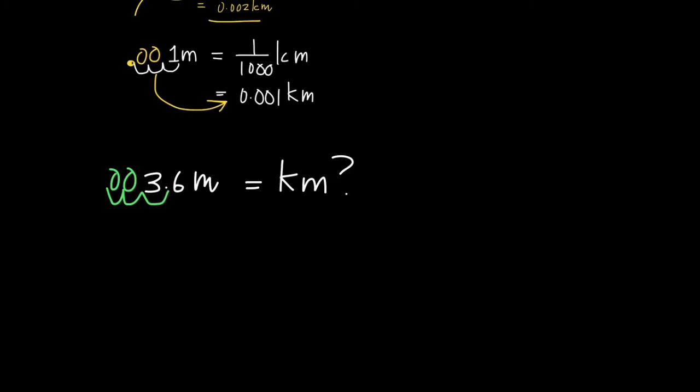So 3.6 meters is equal to 0.0036 of a kilometer. Okay, but the first technique can be useful in some cases, as you will learn later on, when the conversion is not only about a single unit.